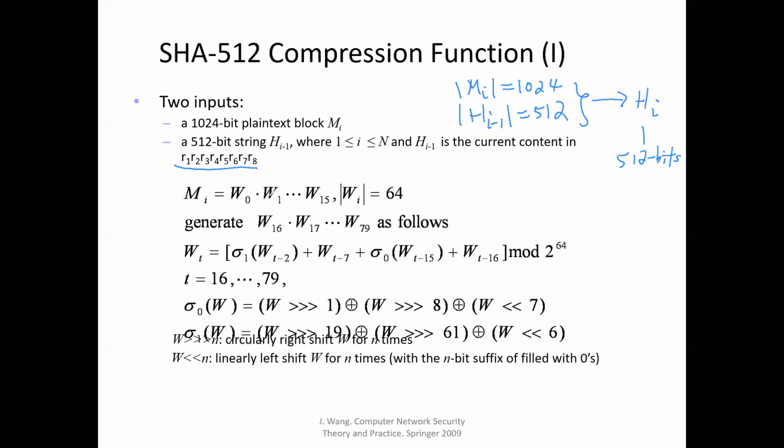We are going to write it into 16 long words. So there are 16 of them. Long word means each long word has 64 bits. Okay, so this is Mi. Then it generates subsequent long words W16 to W79 as follows. You look at two operations, sigma 0 and sigma 1 here. Sigma 1 is the following shifting and exclusive OR.